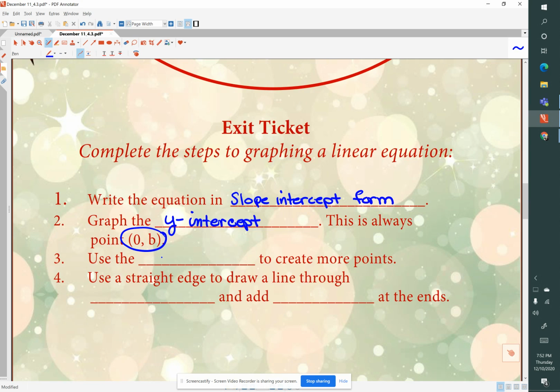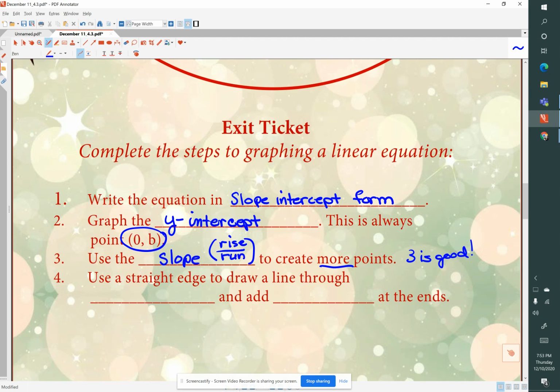Now use the slope. Remember, the slope is rise over run to create more points. 3 is good. Okay, 3 points will generally keep you from having a mistake.